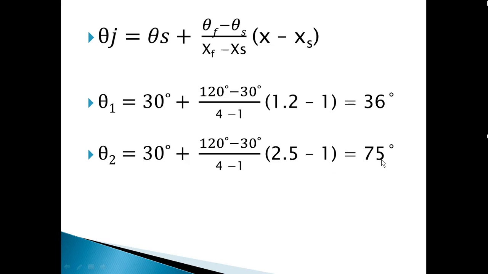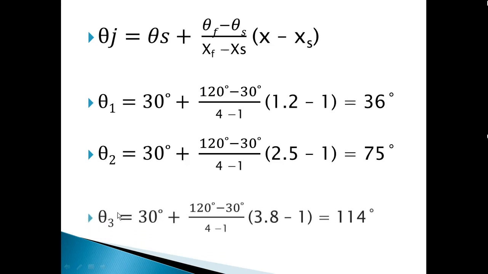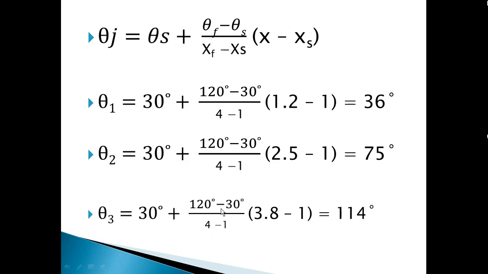It means for precision point 1 the angle is 36 degree, for the second point 75 degree, and for the third point, once again repeating the same terms and replacing x with x3, that is 3.8, I am getting 114. All the values 36 degree, 75 degree and 114 are between 30 degree and 120 degree.